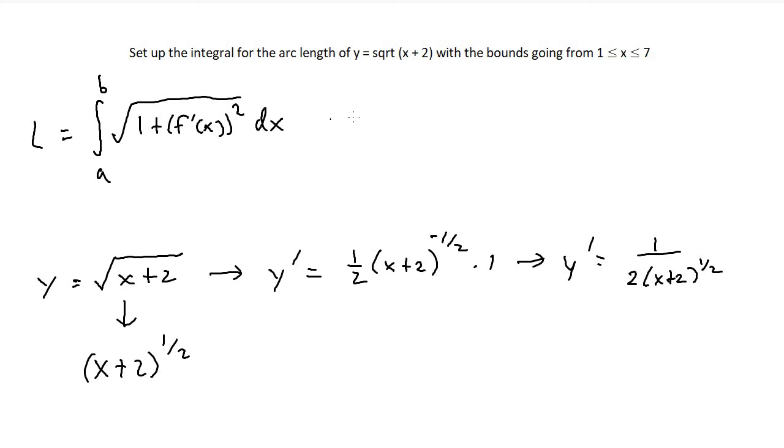So if I were to rewrite the arc length equation, I'll say the integral from a to b, so our lower bound is 1 and our upper bound is 7.